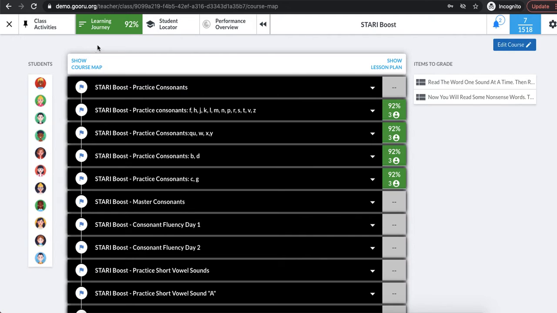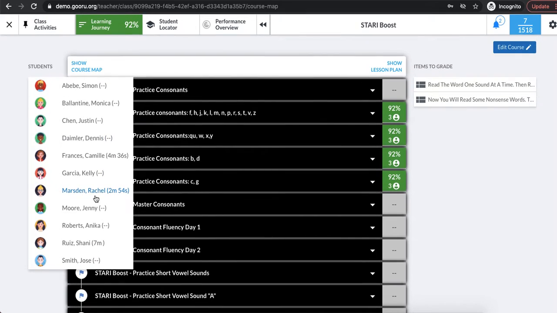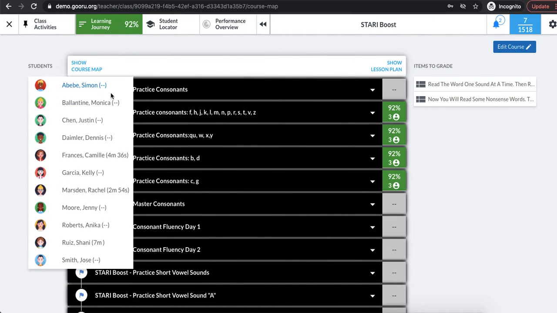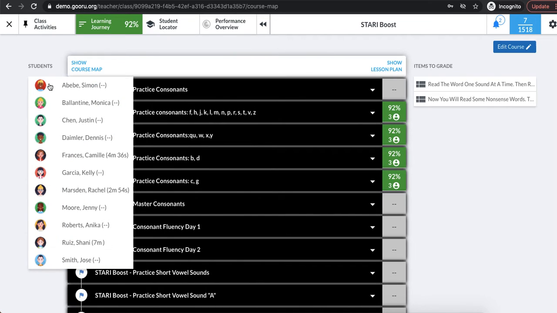Another thing to notice along the side is you have all of your students listed. So here's all of the students in my class. Most of them have little dashes next to their name, but Camille, Rachel, and Shawnee have times. So what this does is it tracks the time spent per day, or in this day, on Gooru and in your class.